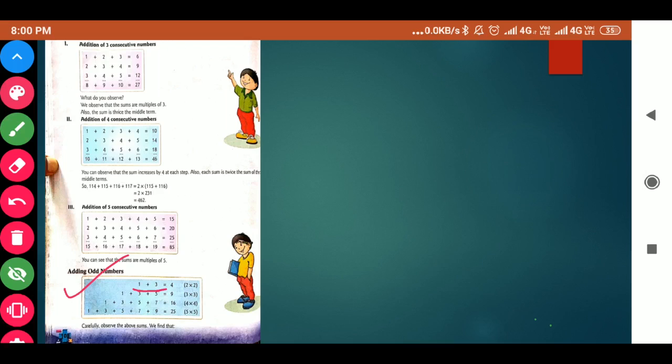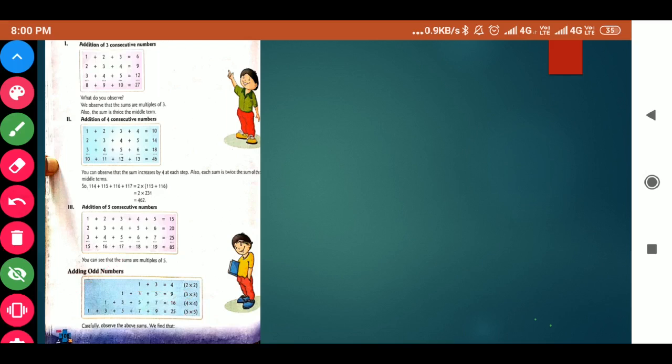Similarly, in the next addition, 1 plus 3 plus 5, you are seeing the answer is 9. Similarly, in the third, 1 plus 3 plus 5 plus 7, the answer is 16. And next is 25. So what do you observe from this?